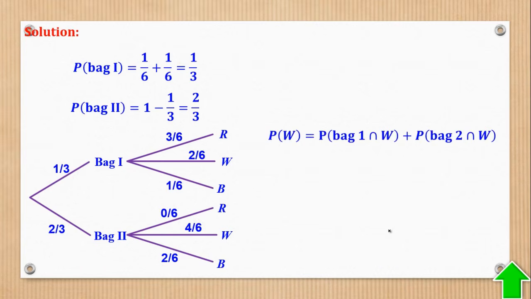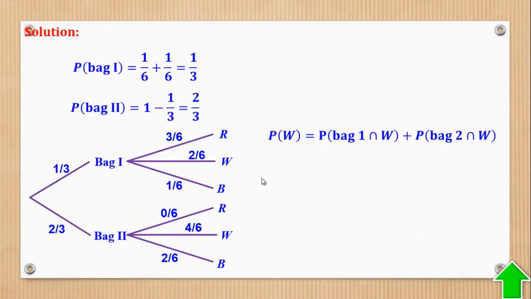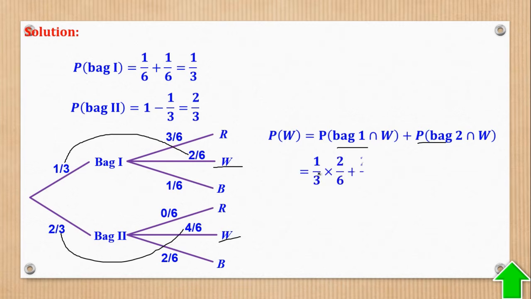The probability they want is conditional, but for you to get it you must first get the probability of picking a white ball. That's what we are doing here. The probability of picking a white can be from bag 1 or from bag 2. So white is here, white is here. Bag 1 is this times this, and bag 2 is this times this. When I add the two, I come up with this and that, which gives you 5 over 9.